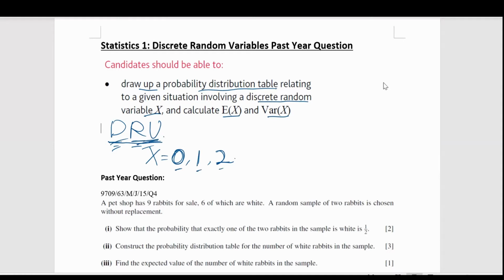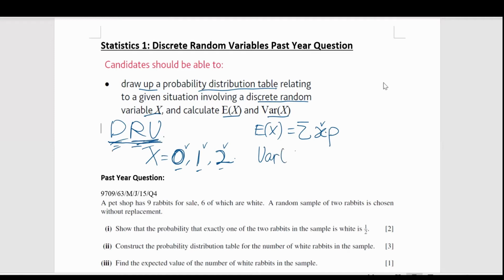And for the mean, E of X, in order to find the value of the mean, we can use this formula: summation of x multiplied by p. So x is every single value of the random variable X, multiplied with its probability, and then we sum them up.